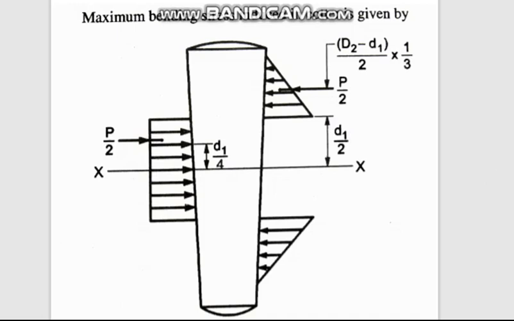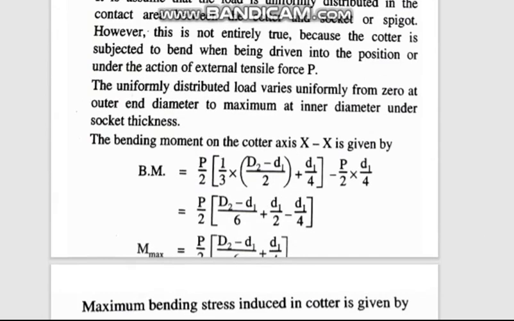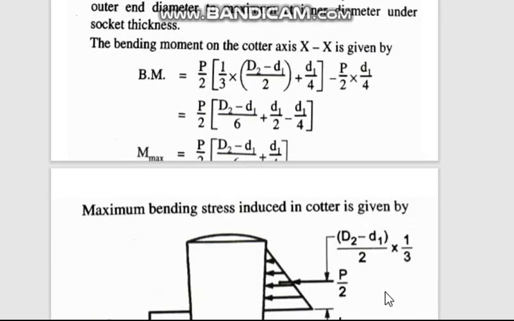So we have to take the moments. So that is the bending moment. Bending moment is half of P by 2, this distance, which we get from here: 1 by 3 into this, and into d1 by 4.